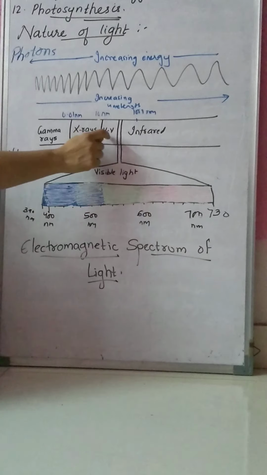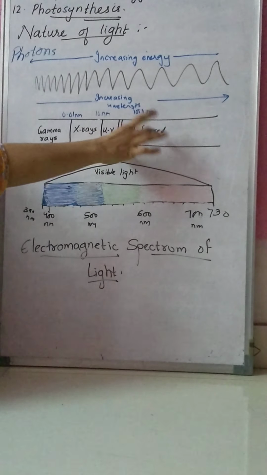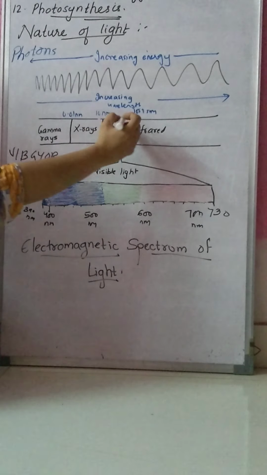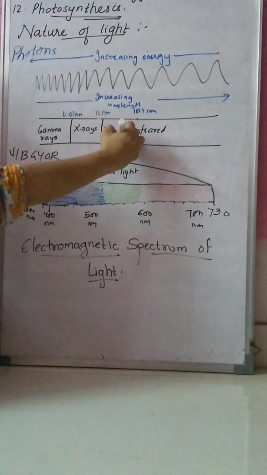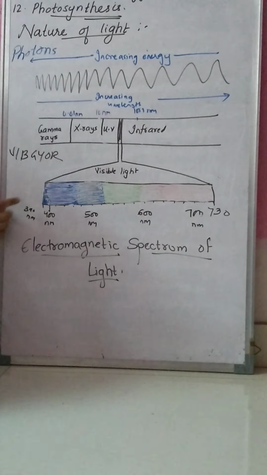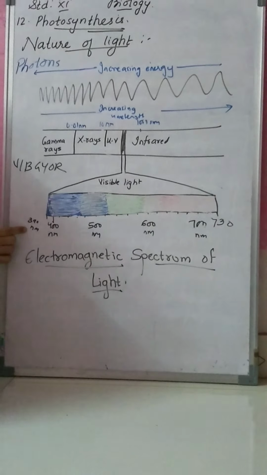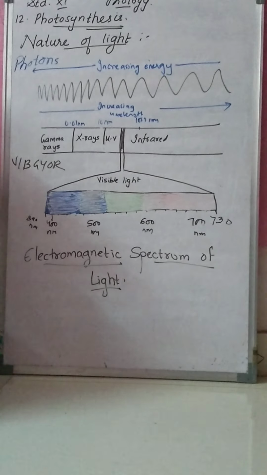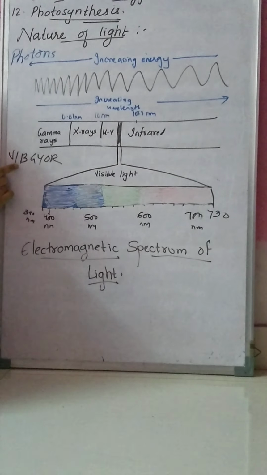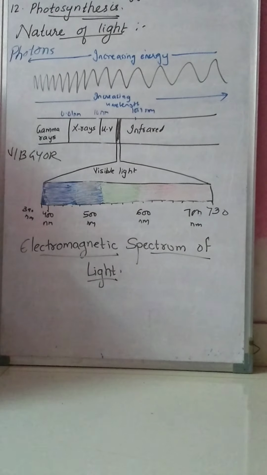So it ranges between ultraviolet and infrared, and in between you can see visible light is present. This is the electromagnetic spectrum of light, and visible light ranges from 390 nm to 730 nm, in the form of VIBGYOR, violet to red.